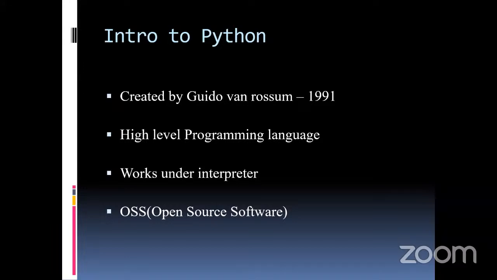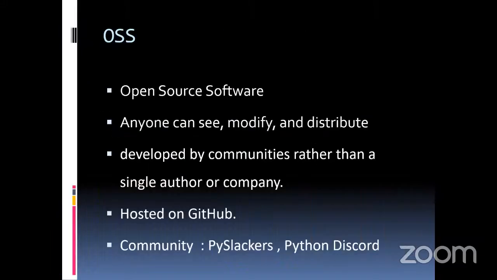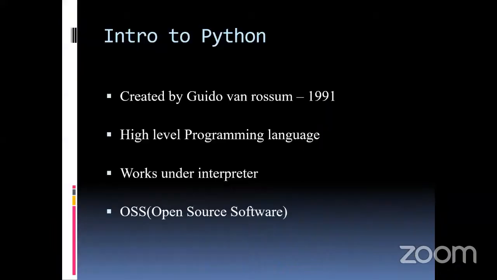And we can see and modify it. Python was designed by a single person, Guido van Rossum. Python is created by one person, but it is distributed.